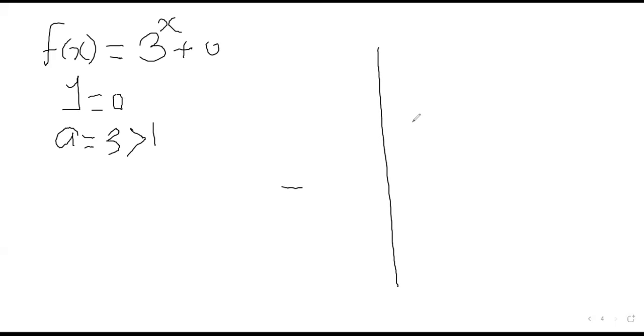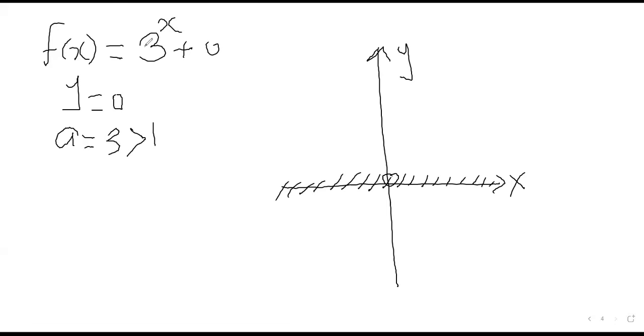Always start with the x-y plane. We have the x, we have our y and our 0 there. We start with the horizontal asymptote, which is our line of operation. Now that we know the horizontal asymptote, we need to know whether the graph is going to be above or below it. The coefficient gives the guide.